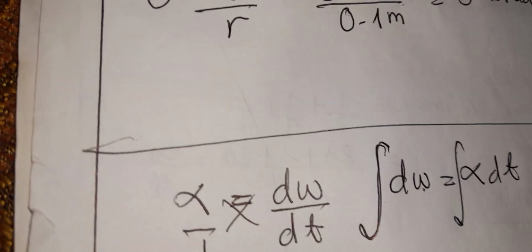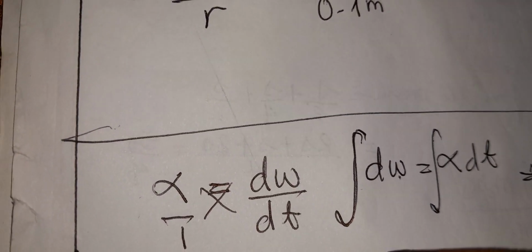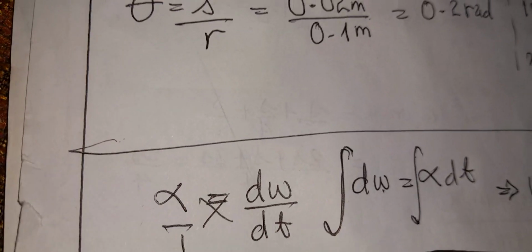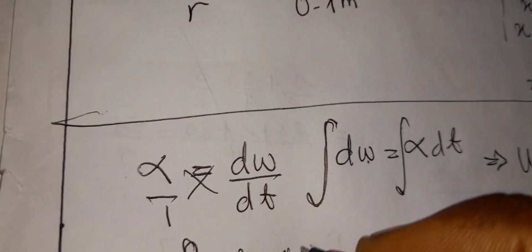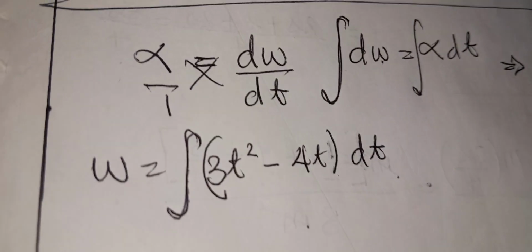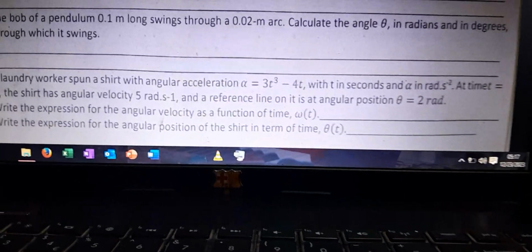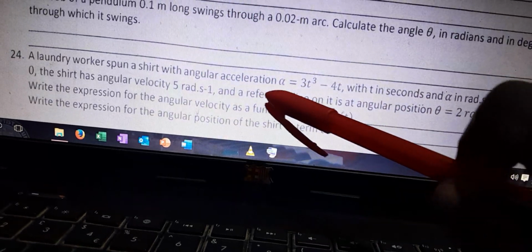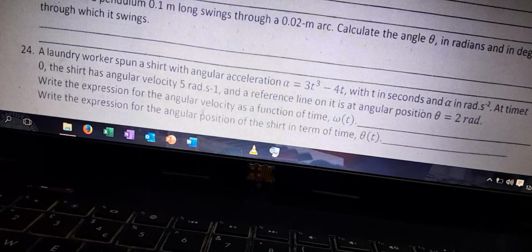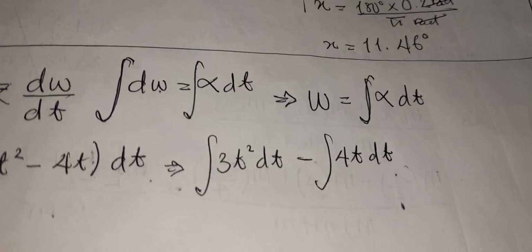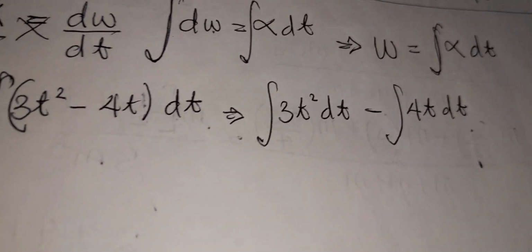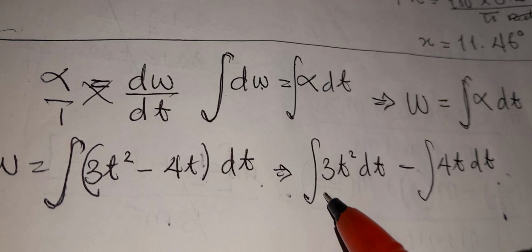Okay, so from the question we know that angular acceleration is 3t squared minus 4t. So we'll be integrating this with respect to time. Right, this angular acceleration is what we just finished writing. So let's integrate it. All right, so this is what we have.